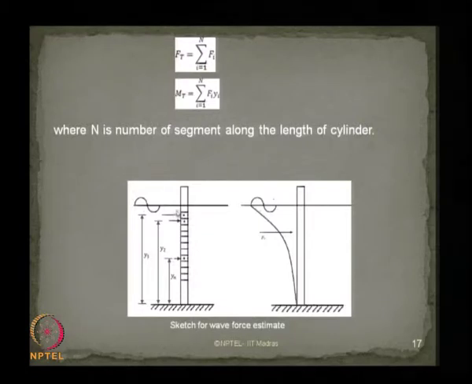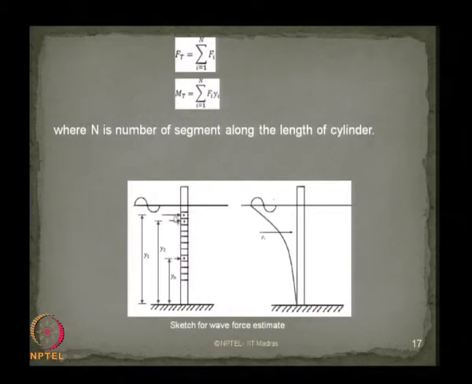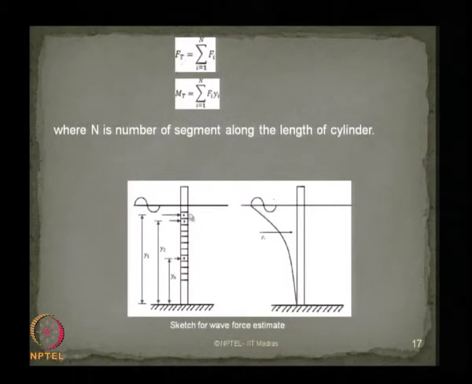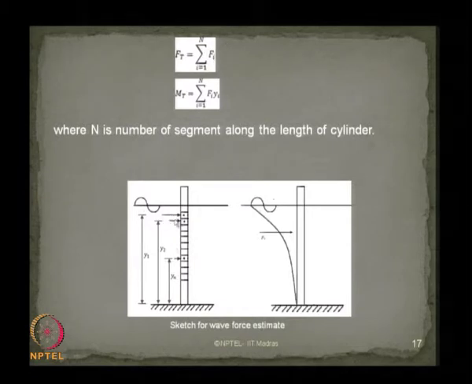Now, once I get the forces in each segment, sum all of them, as you see in this equation, to find the total force acting at the bottom, which we call the base shear method. Also, at every point you know the forces, because you know the segment length and the force acting on the segment.